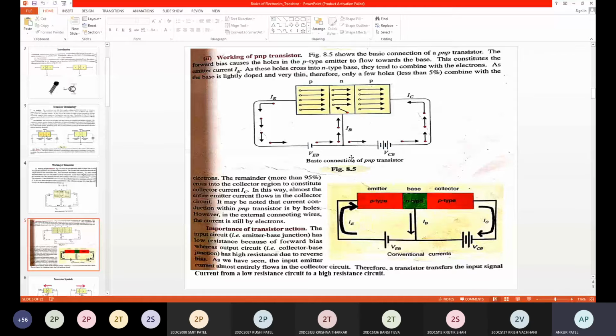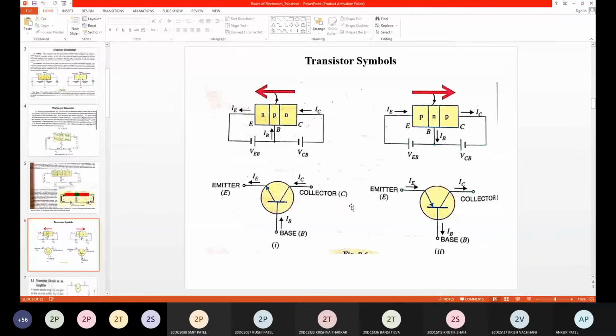You can denote them by VEE or VCC; in different books this notation is given differently for the battery voltage. So this is the working of incoming and outgoing current, and according to that you can identify the NPN and PNP transistor. The holes and electrons that we inject through the emitter are received at the collector, so your load is always connected on the collector side.